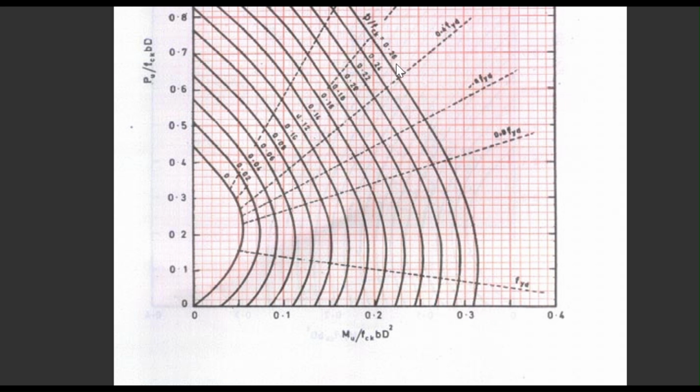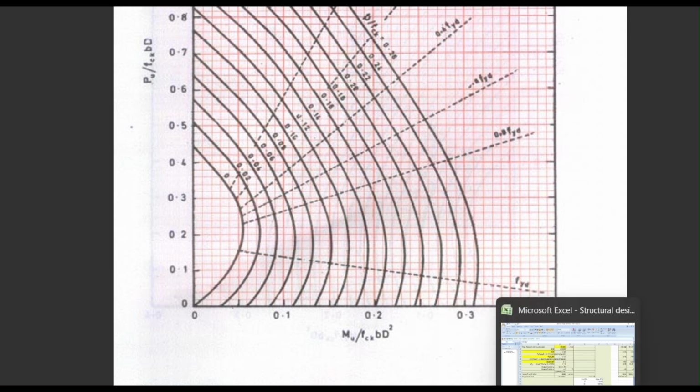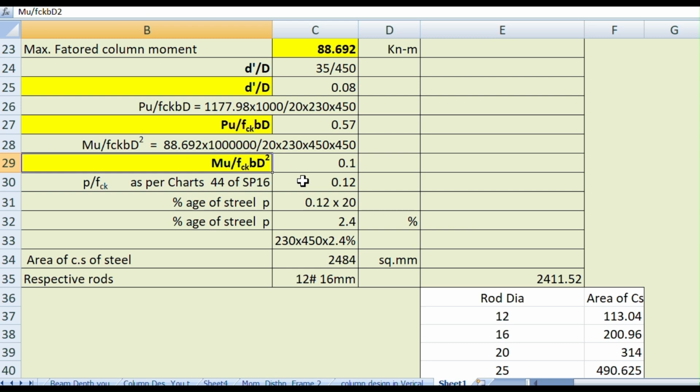The p by fck values are 0.2, 0.18, 0.16, 0.14, like this. The curves are given in SP 16.